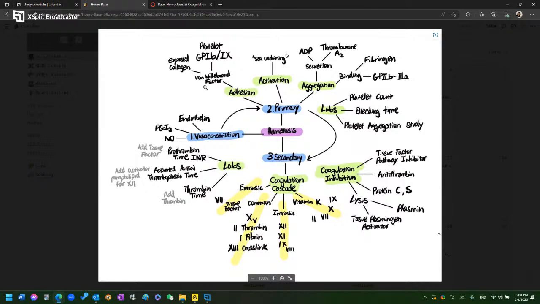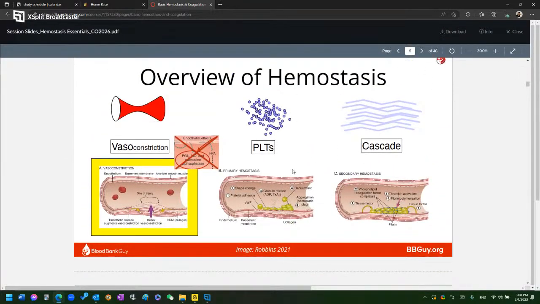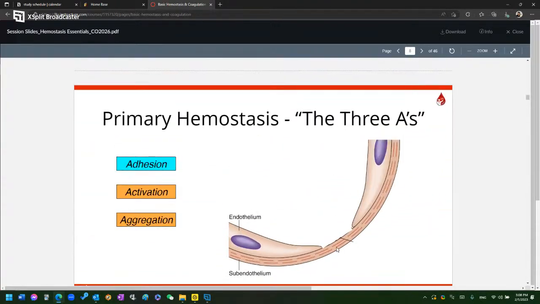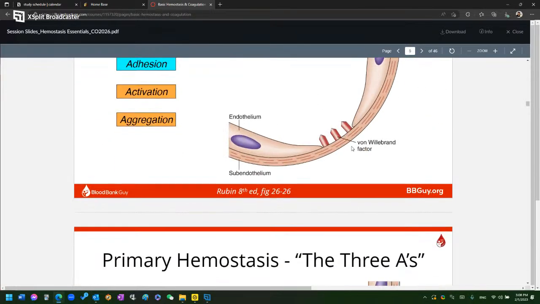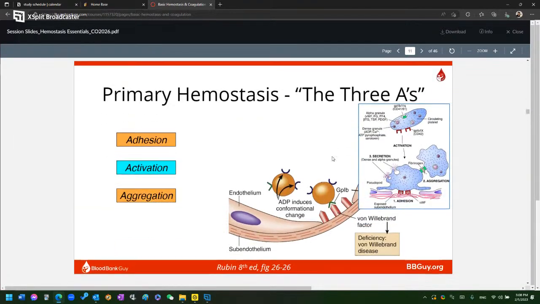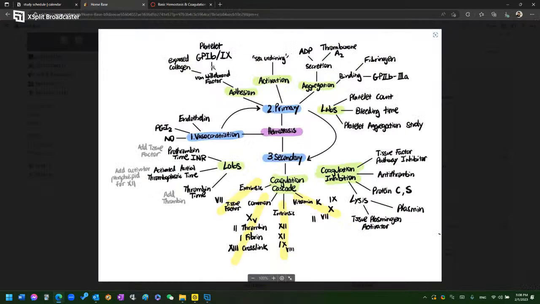And they connect with these anchors called von Willebrand factors. So here's a raw surface that we're talking about. The raw surface will have exposed von Willebrand factor, which the platelets will then grab onto right here. And they use GP1B in order to attach onto von Willebrand factor.